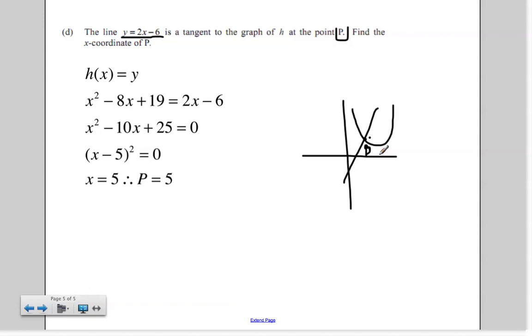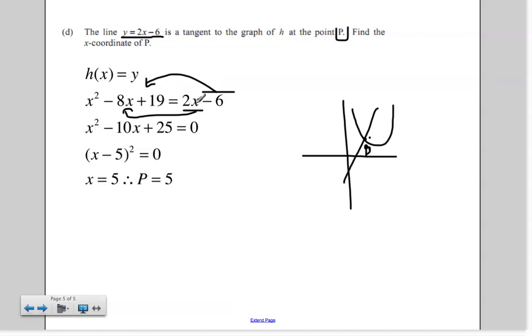So all we have to do for this is state that h of x is equal to y, which is 2x minus 6. Now we sub these in, so x squared minus 8x plus 19 equals 2x minus 6. We rearrange, so we move the 2x over to this side, and we move the minus 6 over to this side.